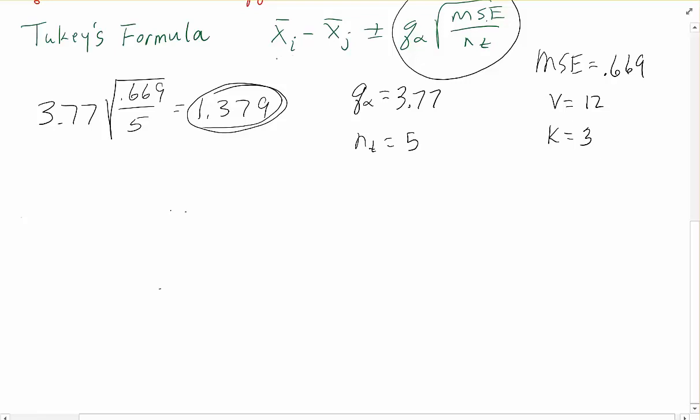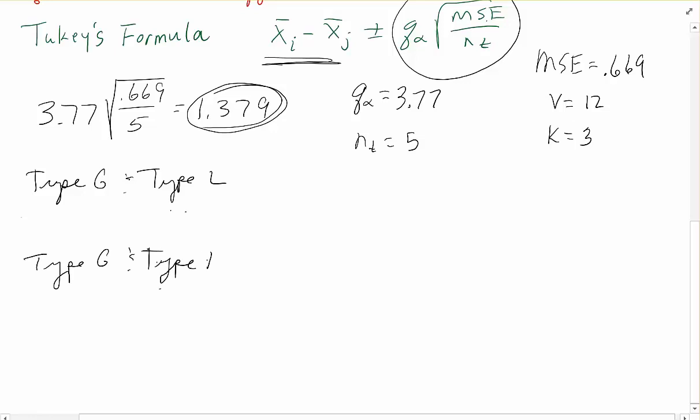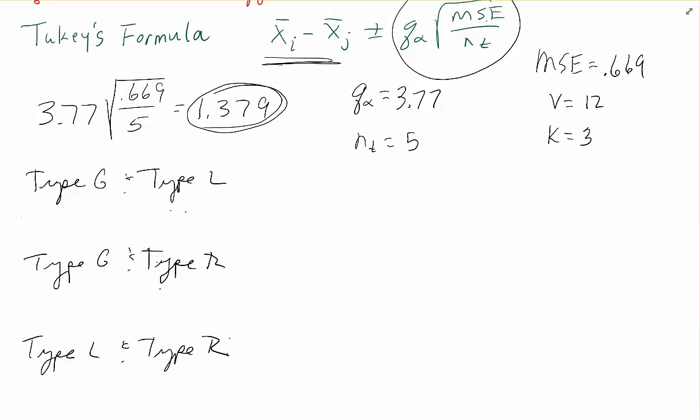Now I need to make the comparisons by comparing the sample means. And my pairs will be type G and type L, type G and type R, and then type L and type R. So I'm going to need those sample means to make those comparisons, and then I'll just simply add and subtract the margin of error.